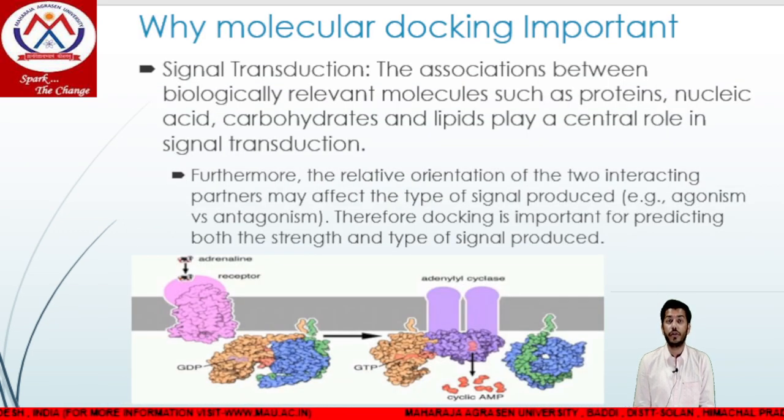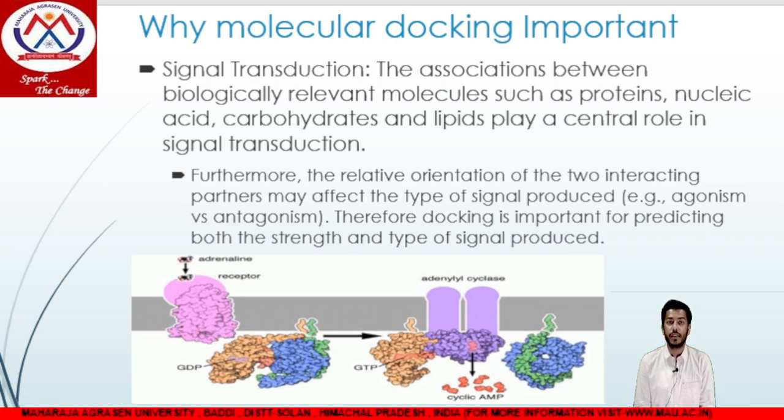Why is molecular docking so important? It relates to signal transduction. In signal transduction, the association between biologically relevant molecules such as proteins, nucleic acids, carbohydrates, and lipids plays a central role.